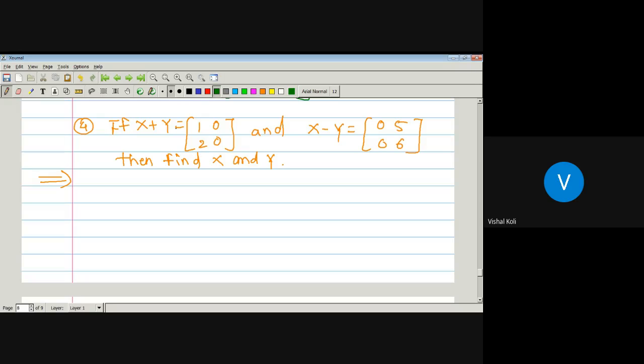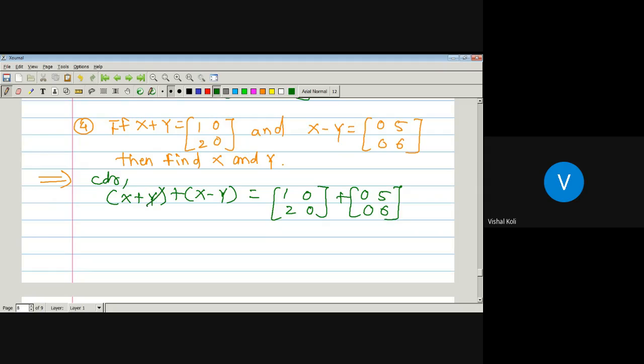Now take the sum of X plus Y and X minus Y. So consider X plus Y as one matrix plus X minus Y as another matrix, which is equal to [1 0; 2 0] plus [0 5; 0 6].